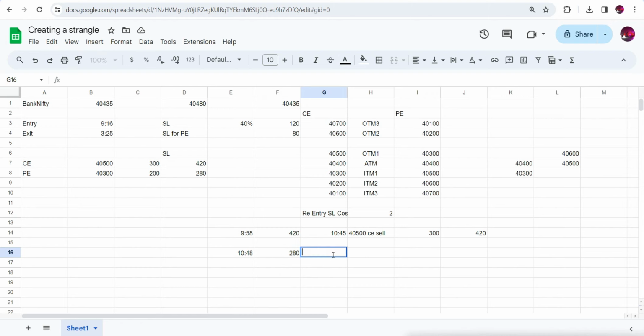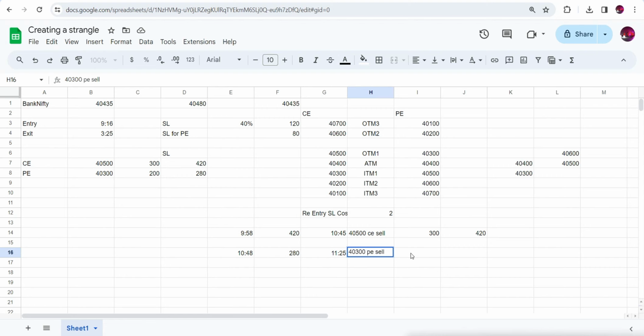Assume at around 11:25 the price came back again to 200. If the price came back again to 200, it will sell that again. At which strike will it sell? It will sell the same strike, 4300. So it will sell 4300 CE, sorry, it is a put option, it will sell 4300 PE.